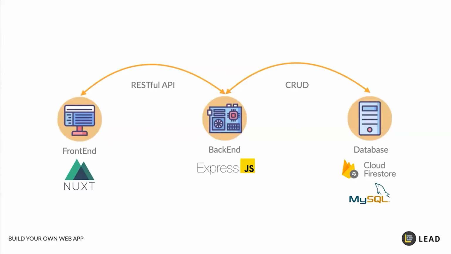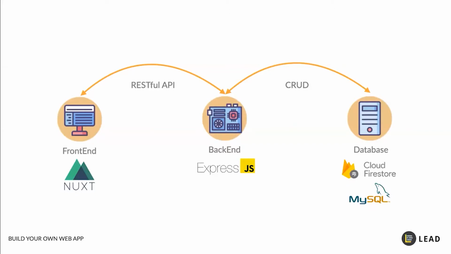It doesn't matter what kind of database they are using as long as you are able to store data. If you see CRUD, normally it's a short form. So C stands for create, R stands for retrieve, U stands for update, D stands for delete.